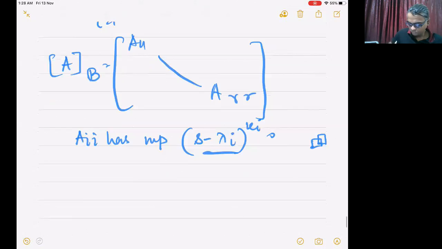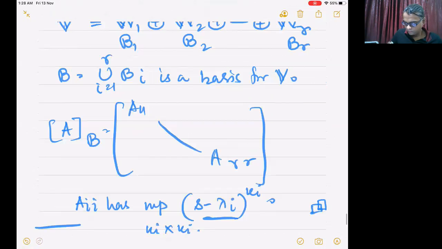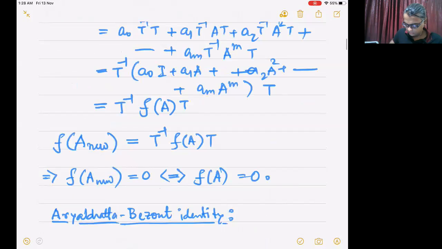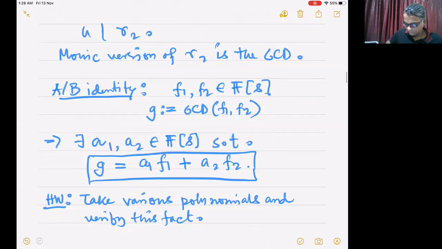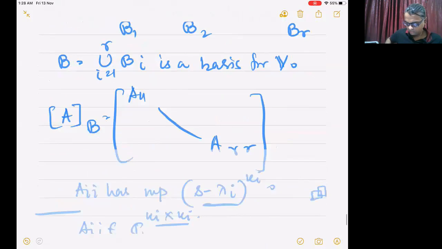Can anyone tell me what would be the size of Aii? Aii belongs to, oh, sorry, this is C. So all complex numbers. C, size would be ki cross ki. Because this space has dimension equal to ki. So that goes to you as homework.